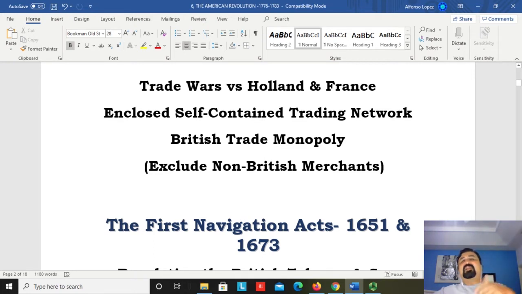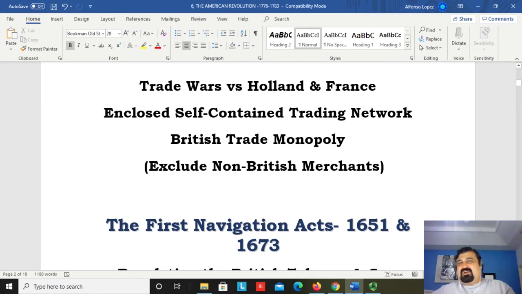So this is another reason why Great Britain is very concerned about regulating, monitoring, and supervising trade with the colonies, because the Dutch and the French are the competition. They're at war, and they are all battling over the flow of goods. The trade routes, for example, are contested as well, and so the British want to make sure that their own colonies are not trading with the competition.